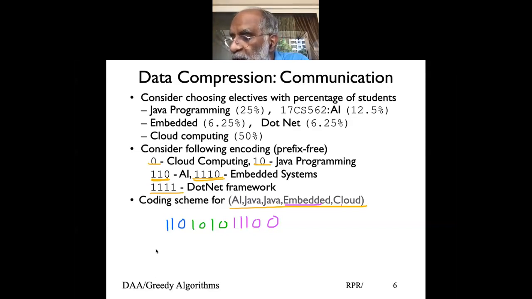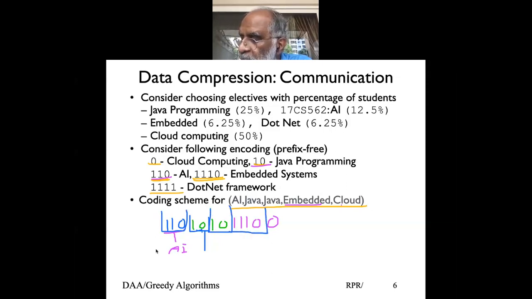We look at 1101. We see 1, 0, that means not Java programming. So 110, we know this is AI. That encoding is over, start again: 1, 0, it is over, that means this is Java. So this is again Java, this is again Java.